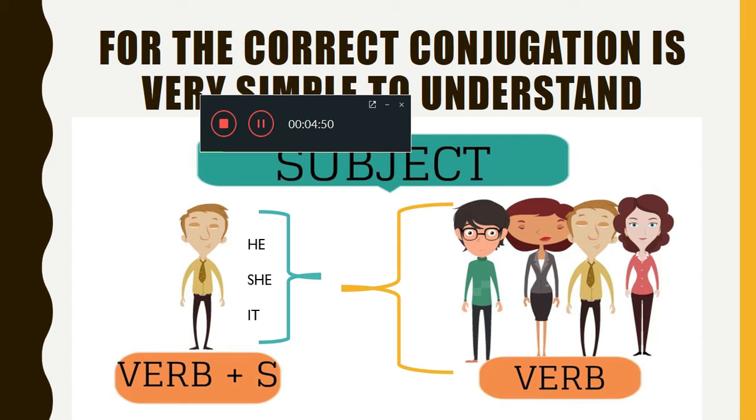And we have a lot of people too. We have the subjects that talk about a lot of people. Well, we have an exception with the first two. I is only one person, but it is on the list of the base form of the verb: subject plus base form.